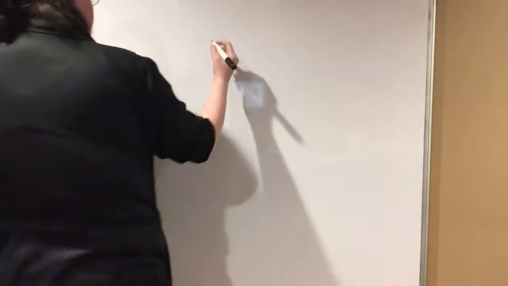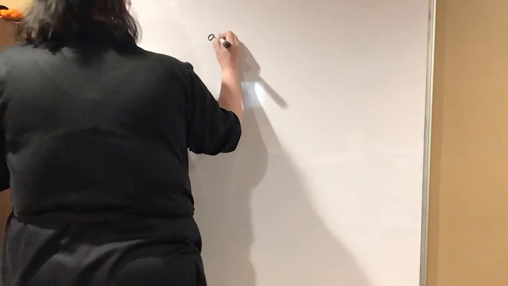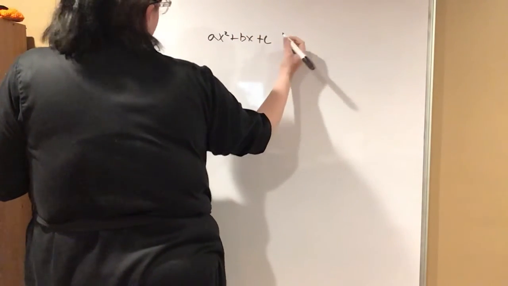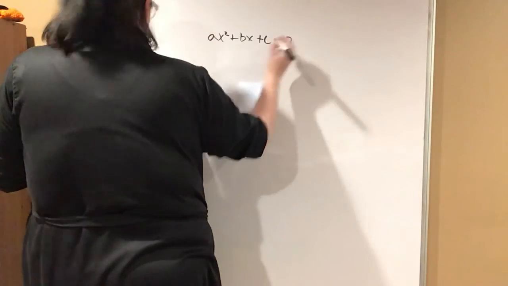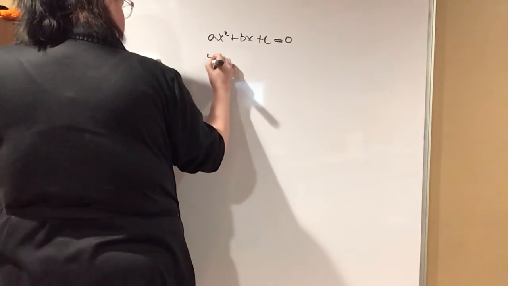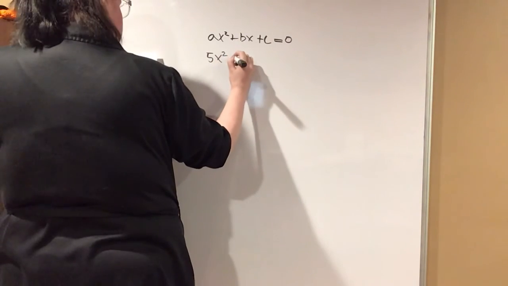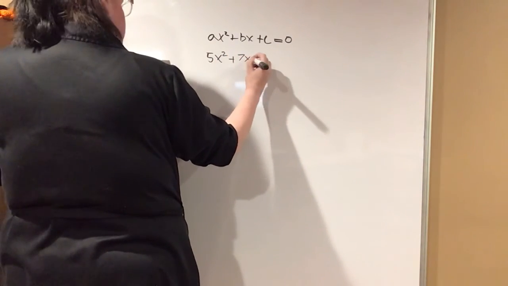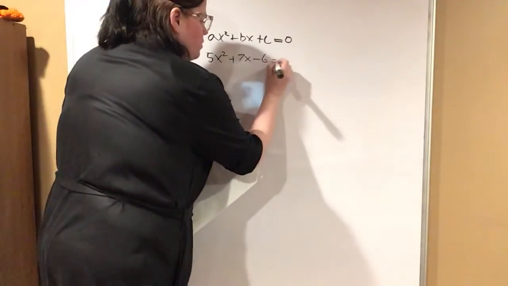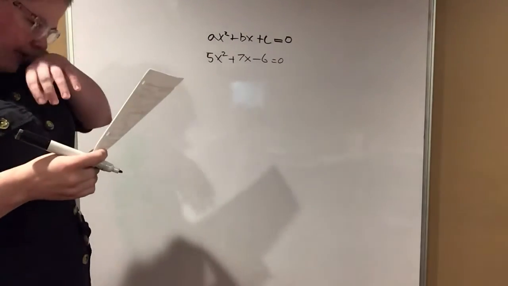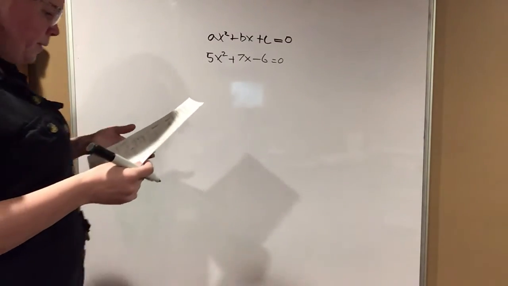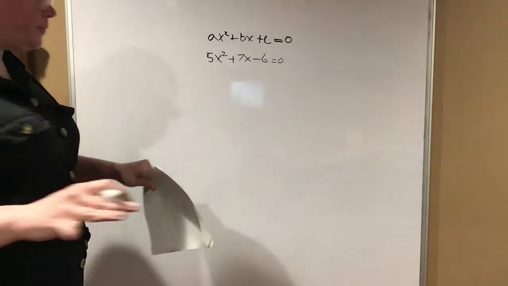So the standard form of a quadratic is ax squared plus bx plus c, which is what we were just doing, but we're doing the added bonus of it equaling 0. So if I'm given 5x squared plus 7x minus 6 equals 0, we're just factoring like we just were a minute ago, but this time we're actually going to solve each one of these.